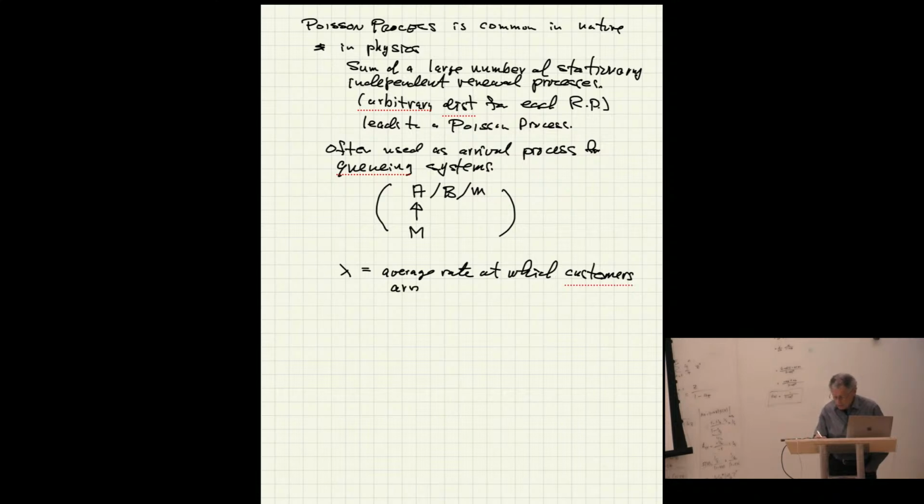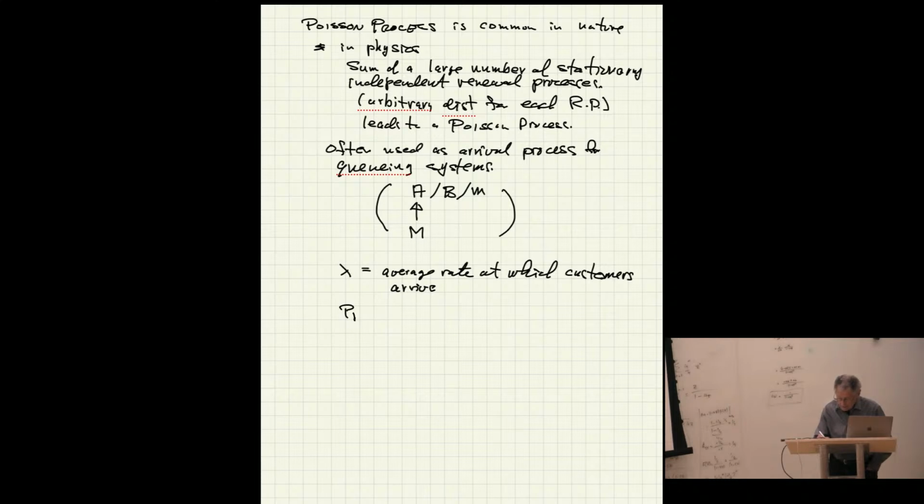Notice I'm changing my notation a little bit. Instead of saying the average rate of births, I'm talking about the average rate at which customers arrive. I'm getting you warmed up to using the terminology of queuing systems. A birth to a queuing system is an arrival to that system. A new customer comes in. A new one enters, okay?